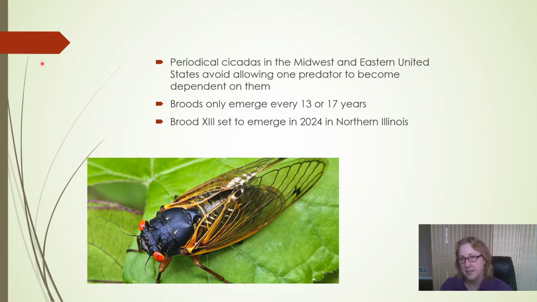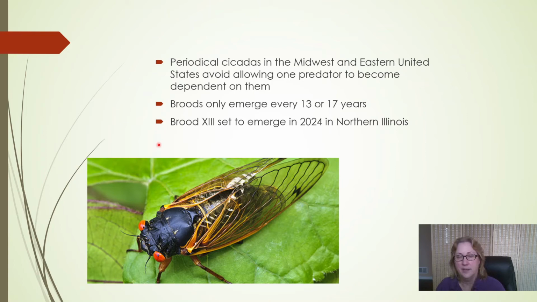The brood that's here in northern Illinois has 3 different species of 17-year cicadas, and they call it brood 13. That's our brood here in northern Illinois. They last emerged in 2007. There aren't a lot of them in Kane County, but they're found in huge numbers in DuPage County.